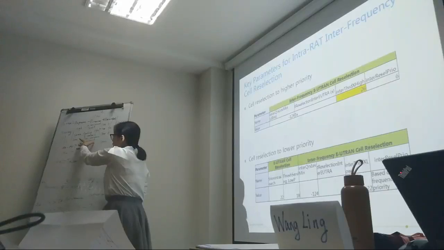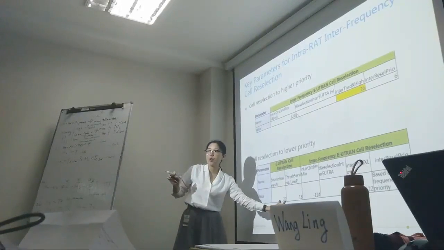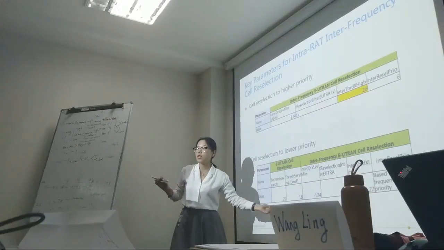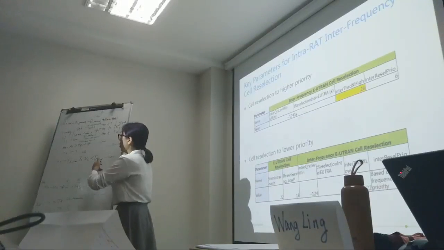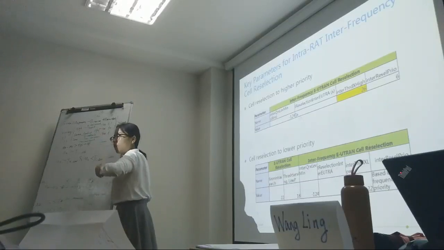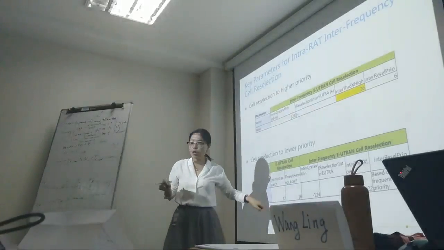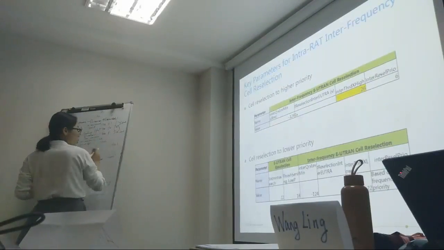Yes, start measurement. Okay, the measurement threshold is 22. That means when the serving cell S value is less than the threshold, it will perform the measurement. So here it equals 22.